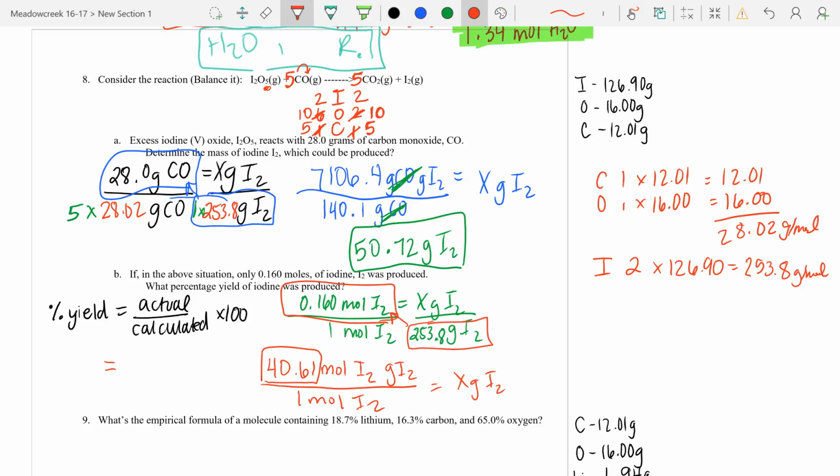If our actual amount produced was 40.61 grams of iodine, and in part A we calculated that we should have made 50.72 grams of I2, and multiply it by 100, that means 40.61 divided by 50.72 times 100 will give us 80%. That's not so bad if you're thinking about the production of a chemical.